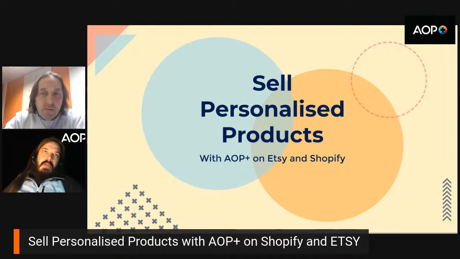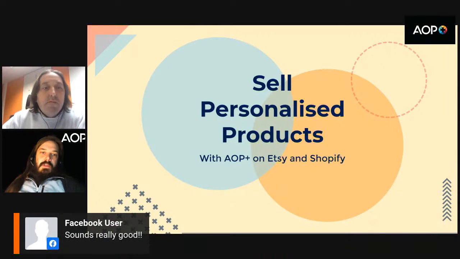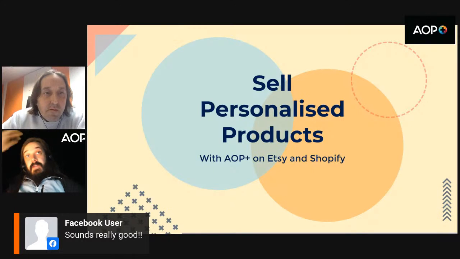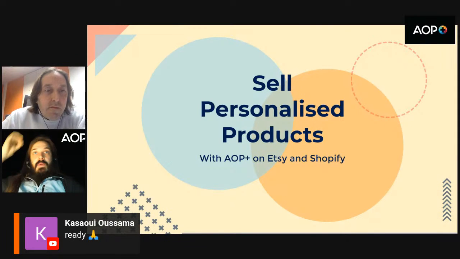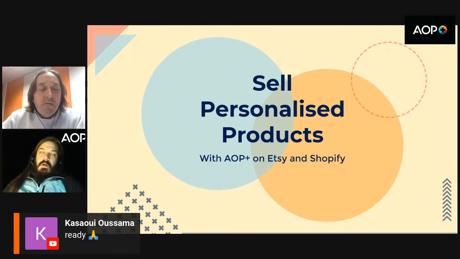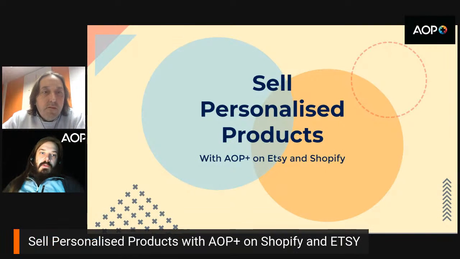This is really about how to get connected to AOP, how to get onto their system, what you need, and a system that you can set up so that you'll be more successful when you get your personalized designs up, whether on Etsy or Shopify. We're definitely going to talk a lot about Etsy today because that's where we do a lot of our sales, but almost everything we talk about will apply to Shopify in some way, shape, or form. So let's just get started.